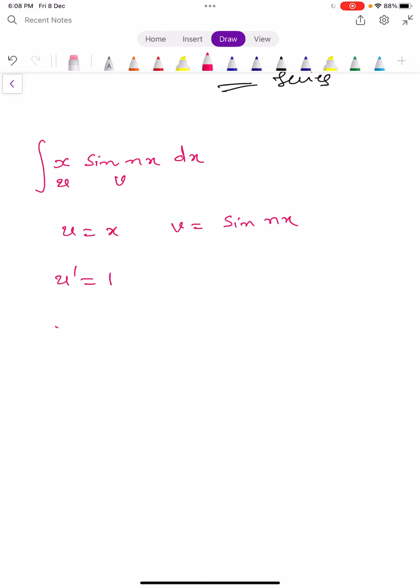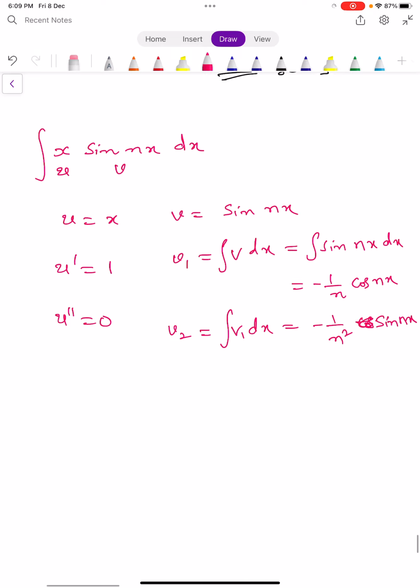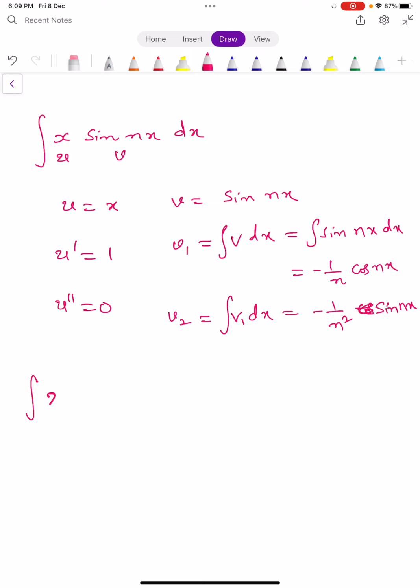U dash is equal to 1, u double dash is equal to 0. v1 is equal to integral v dx, which means integral sin nx dx, which is equal to minus 1 by n cos nx. v2 is equal to integral v1 dx, which gives minus 1 by n square sin nx. By applying Bernoulli's rule, integral uv dx is equal to uv1 minus u dash v2 plus u double dash v3 minus and so on.